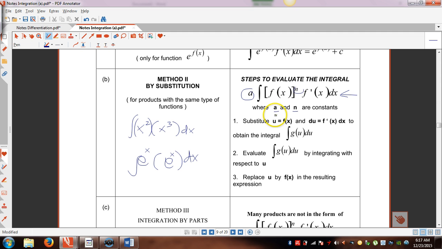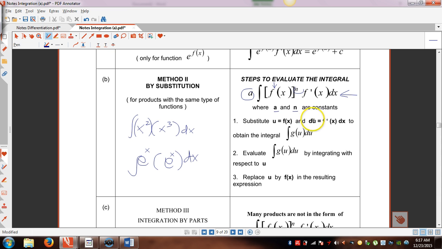First of all, we have to substitute, assign u. What is u? u is f(x). This is your u actually. For f(x) to the power of n, please don't choose the power of n. Just assign u for f(x) only, not including the n.